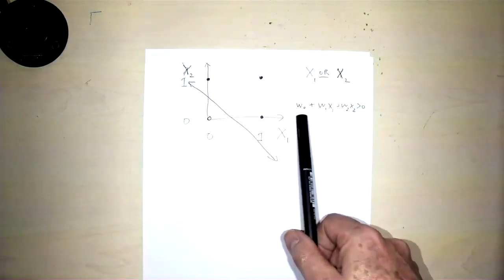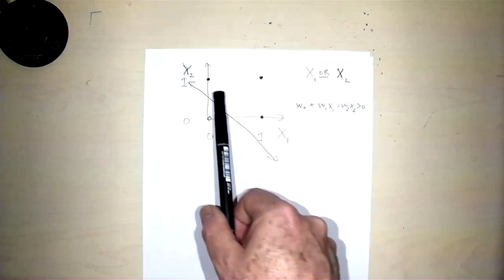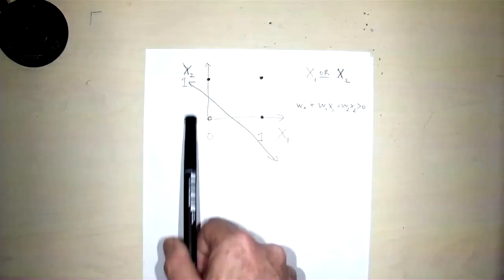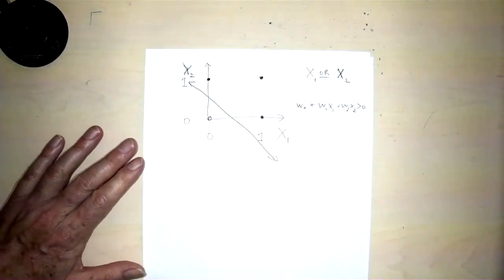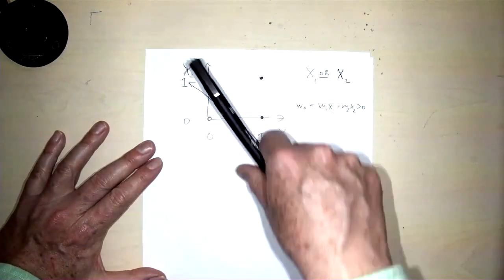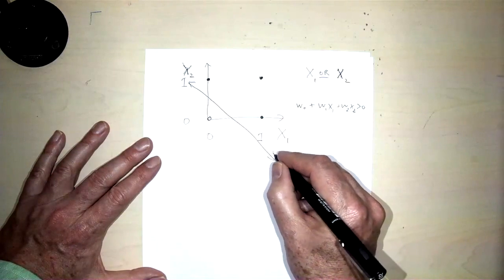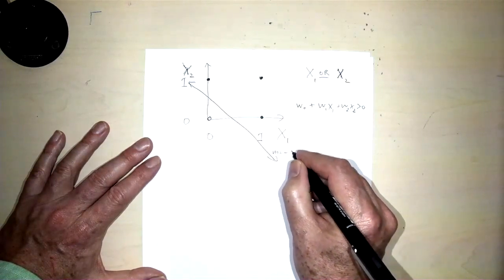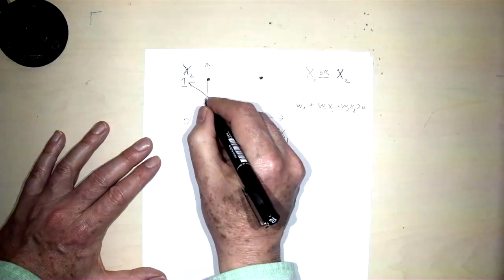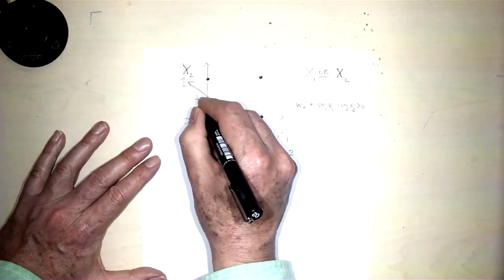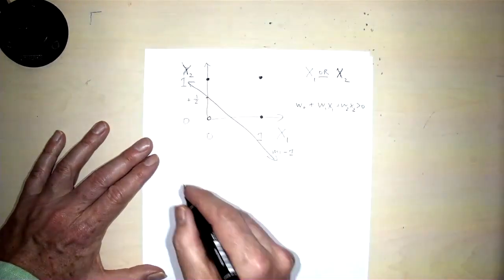I want this inequality to hold for these black points, but not for the white point. Okay. So I draw a line with my ruler, and the slope is -1. The intercept here is 1/2.